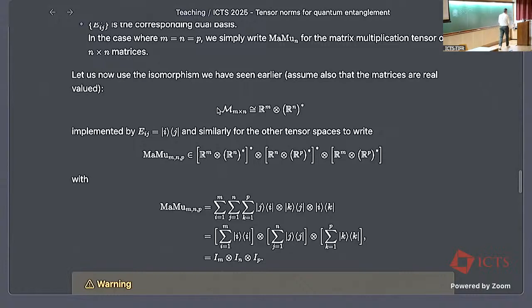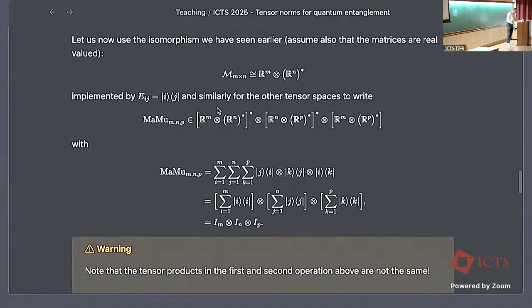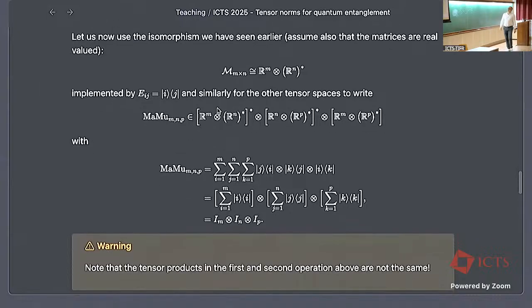Because there is a warning. The last 2 formulas are the same, but these 2 tensor products are not the same as these 2 tensor products, because you see, here I permuted the i's. Here the bra i was in 2nd position, and I took the one which actually coincides. So the ket i was in 5th position here, and here it's in the 1st position.